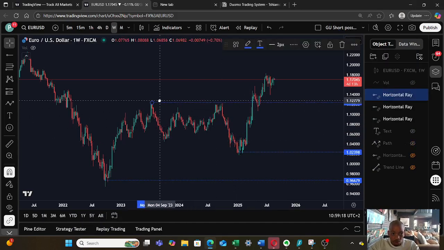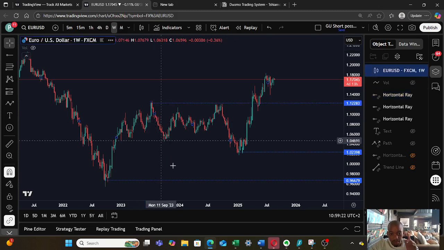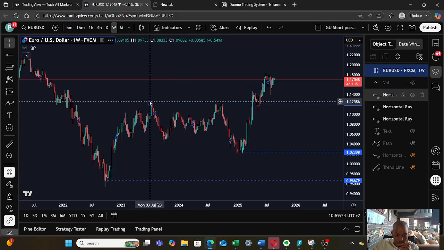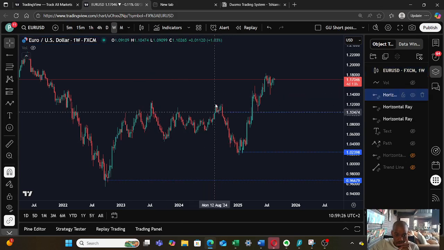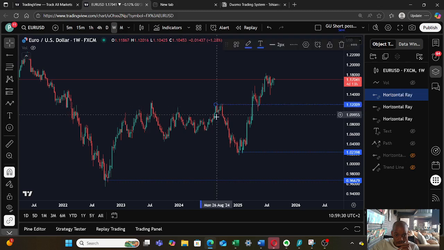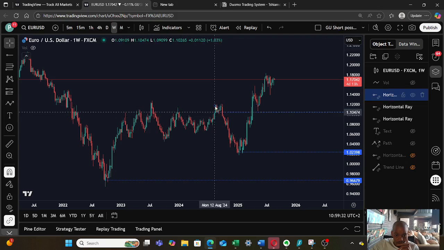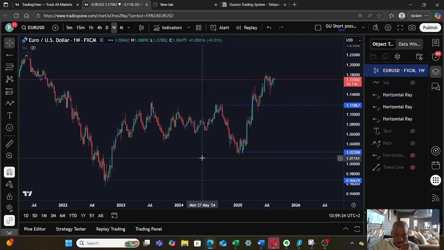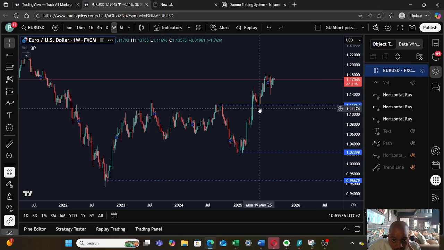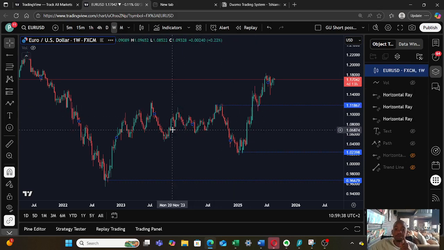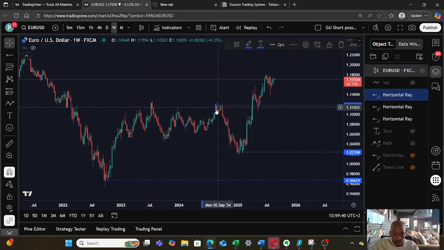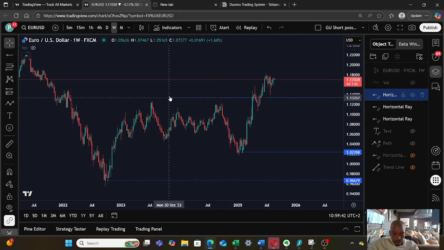Select, hold in the control button and drag it across. There we go. Yep, this gap's up here, so this is probably the right way to map the swing. Fantastic.